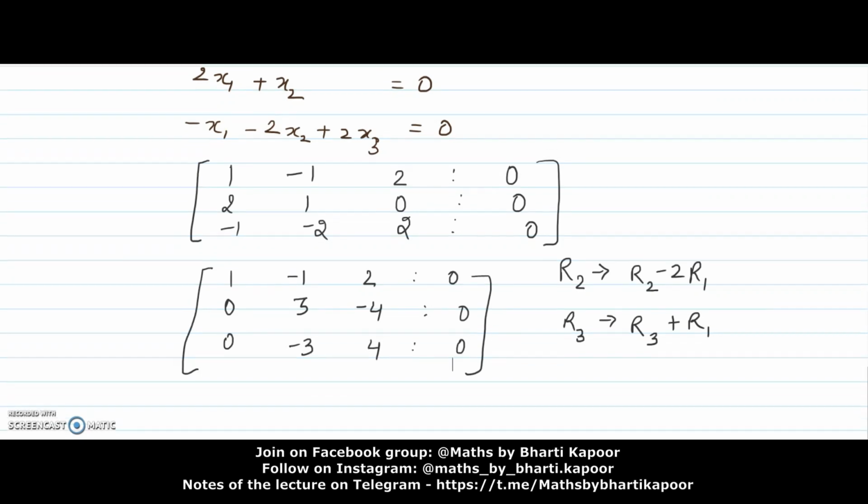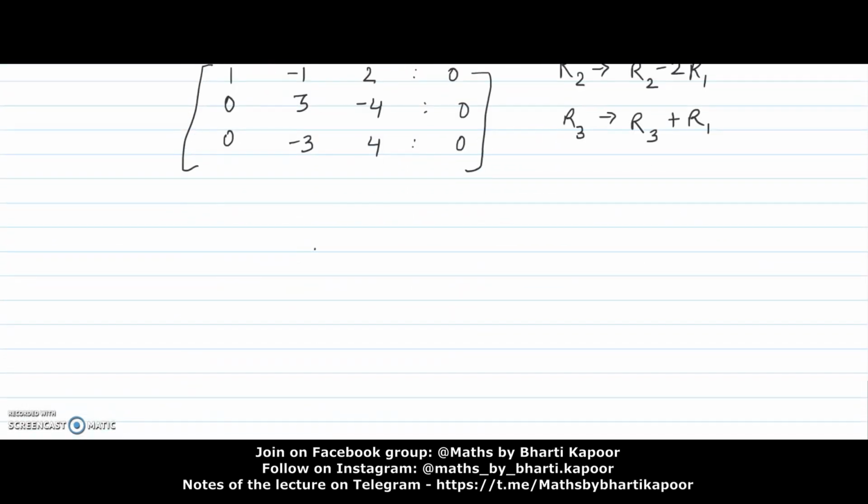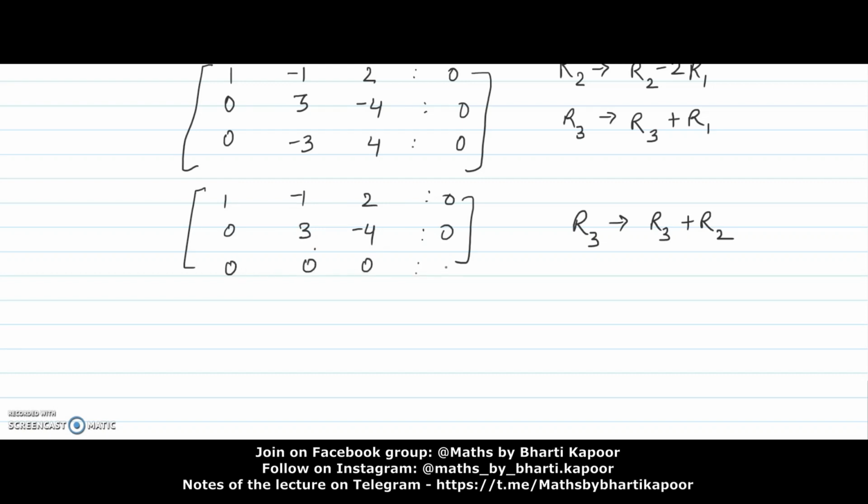In the next step, we will add the third and second row. The matrix is 1, minus 1, 2, then 0, 3, minus 4, then 0, 0, 0.